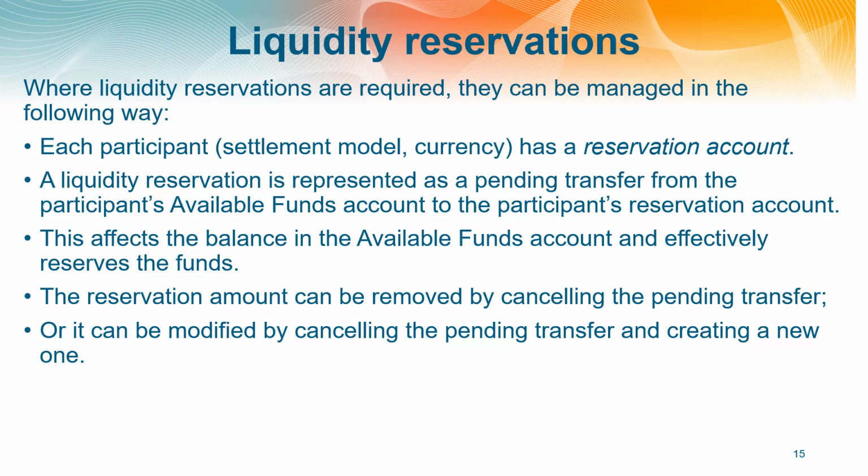So effectively the balance in the available funds account is artificially lowered by the reservation amount. And therefore, things will work in exactly the same way as they do now. When you try to make a transfer and the debit is attempted, if that takes it below zero, then it will be rejected.